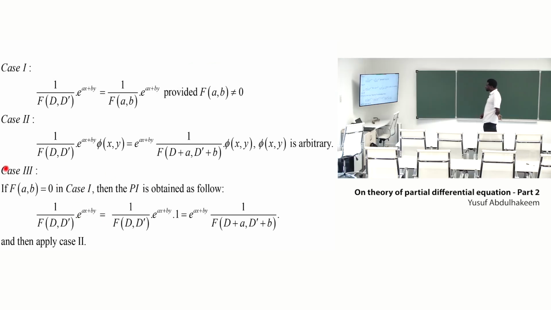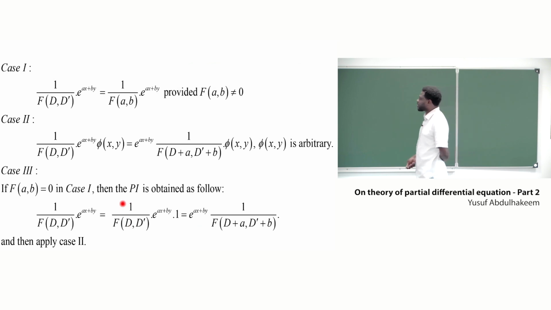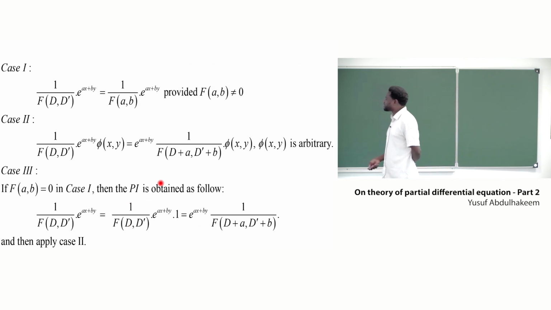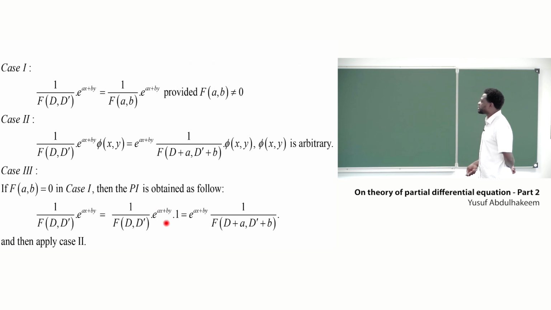Of course, we know there is going to be a little problem here, because this will surely be undefined because of the 0. But what do we do in that case? In that case, we are going to have it as 1 divided by f of d comma d prime, exponential ax plus by dot unity, which is still the same thing as this. And then we apply case 2. That is, we are now going to add a and b to this d and this d prime.